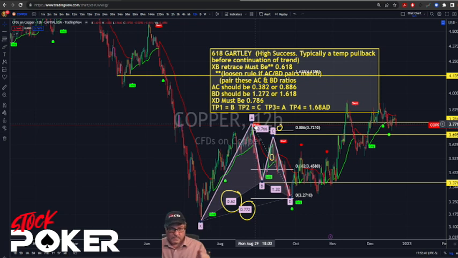Could be anywhere in between there, and if it is in between there, it's better if it's actually on a fib number. And then your last leg here should be the 1.272. We have the 1.272, it nails it, the 1.272 or the 1.618. And again, it could be between there, but ideally it's the 1.272 or the 1.618.